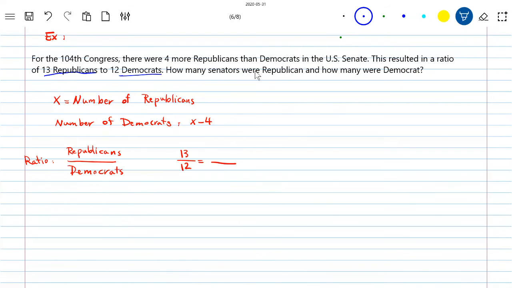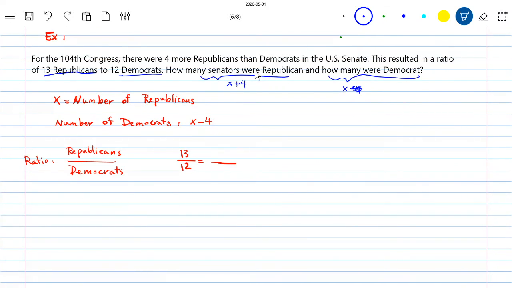Again, you have the option to pick the number of senators that were Republican as your X value, and the number of Democrats would be, since there were 4 more Republicans than Democrats, X minus 4. You can also pick the number of Democrats to be X, then since the number of Republicans were 4 more, you should write X plus 4 for the number of Republicans.